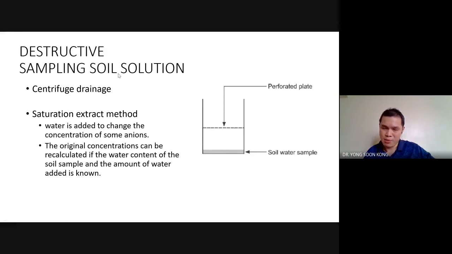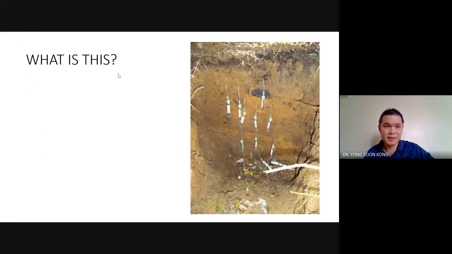I mean, that is not the worst part. The worst part is if you do that, then you no longer preserve the original state of the soil. In other words, you're actually contaminating the soil. So usually destructive sampling soil solution method is not preferred, I would say. It exists, but we don't prefer it.